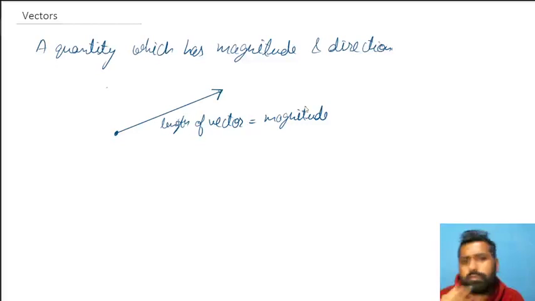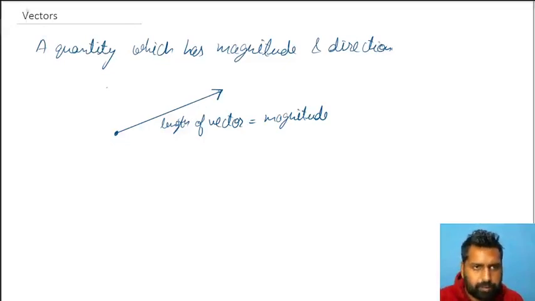If the magnitude is more, the length will be more. If the magnitude is less, the length of the vector will be less. That's about representation.